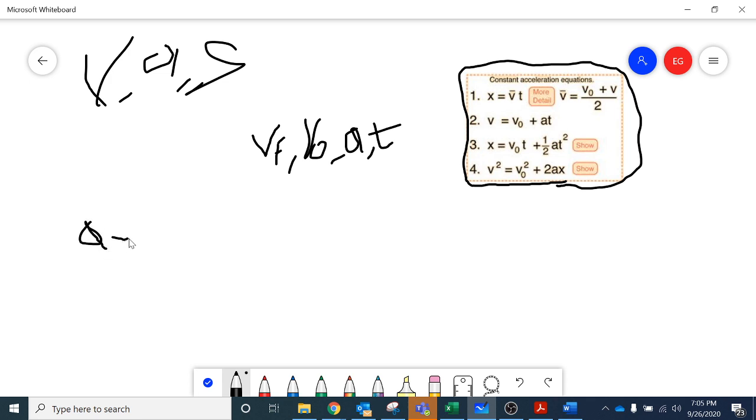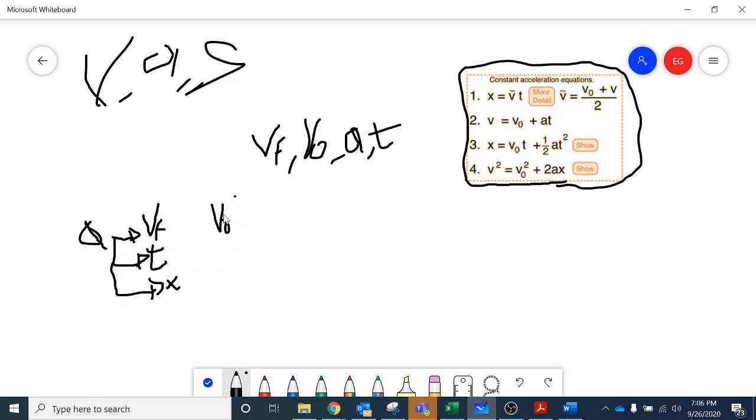something is accelerated to either a final velocity, or maybe it's accelerated for a certain amount of time, or maybe it's accelerated for some distance, right? If something is accelerated to a final velocity, for a certain time, or over a distance, you're pretty much given that v initial is zero.